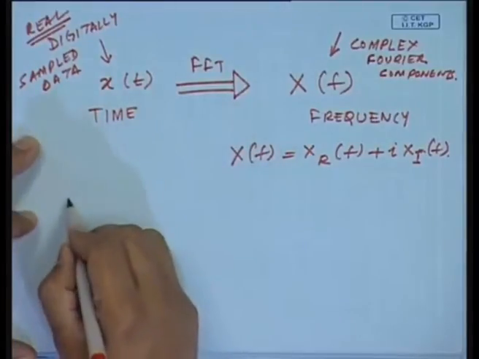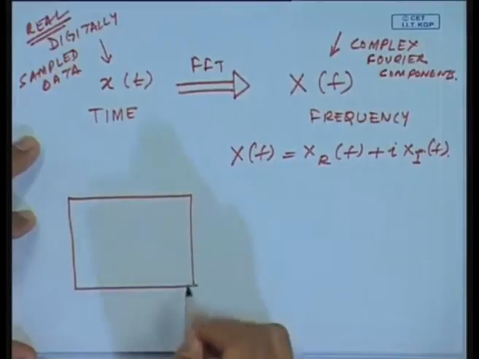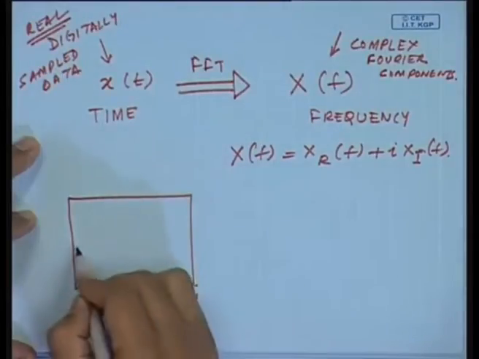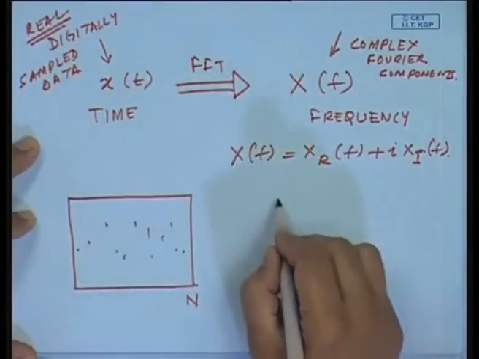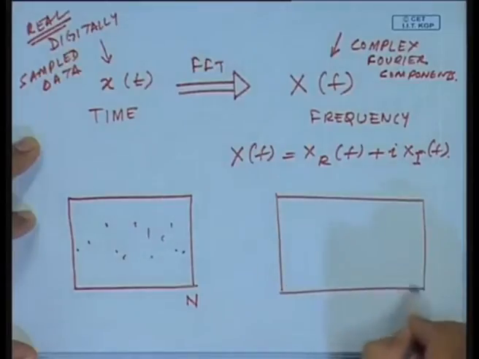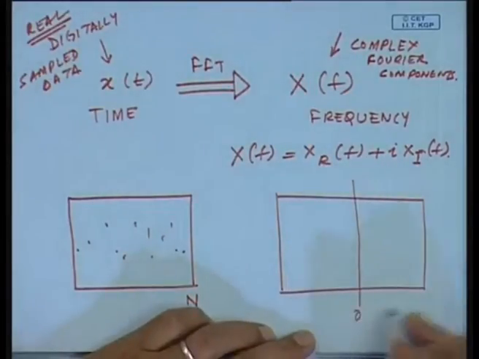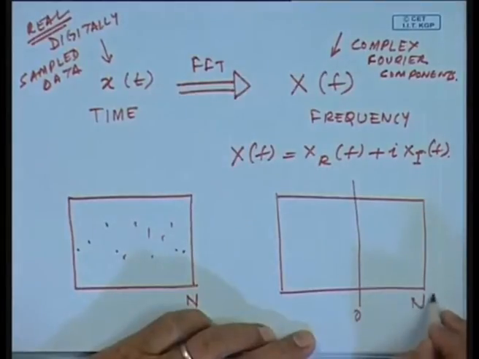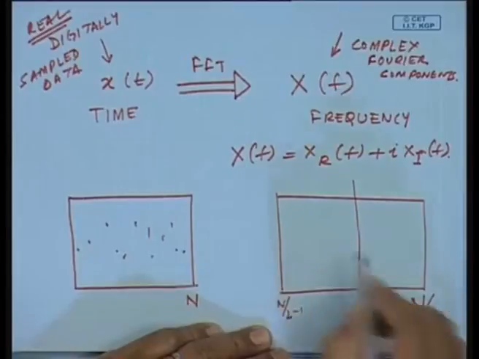For example, if I have n blocks of time data, in the frequency domain, what happens? This is the 0 component, it goes to n by 2 and maybe n by 2 minus 1, etc.